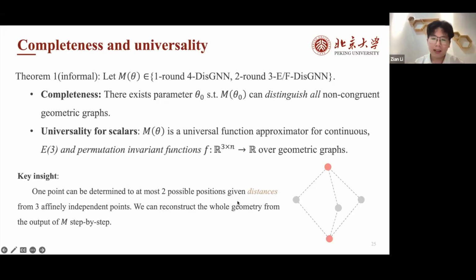And the reason they are different is that there are some very strong constraints in geometric settings, because if we give the distances from 1 point to 3 different points, we can get its positions.